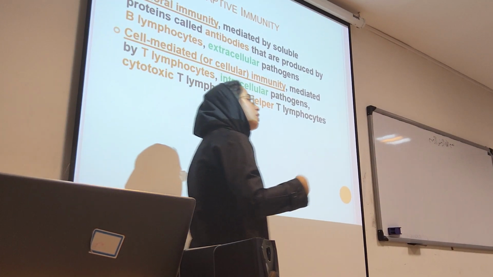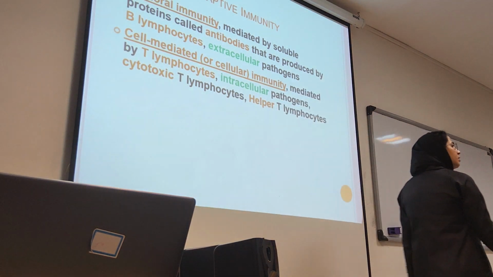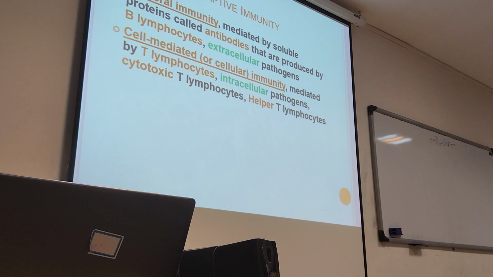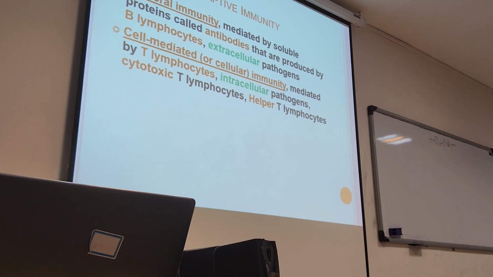And what are the types of adaptive immunity? Humoral and cellular. What is humoral immunity? In cell-mediated immunity, it's mostly T cells.